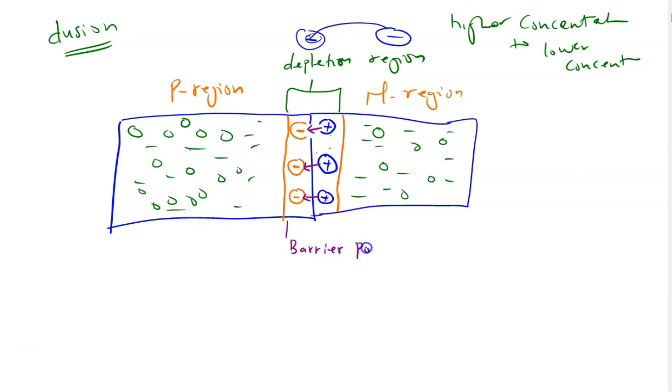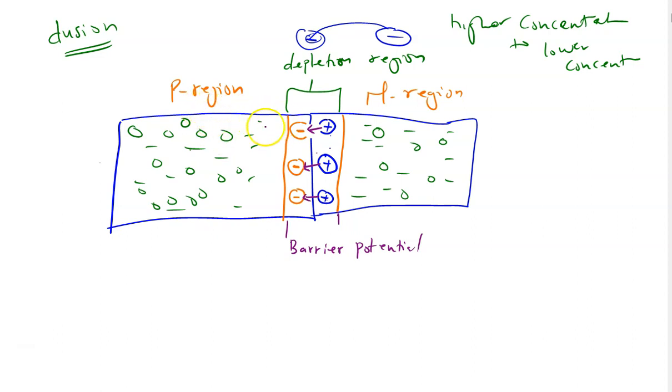Some books term it as potential barrier. Others say barrier potential. So with this barrier potential, an equilibrium has been obtained. The first image that I drew was the state where the electrons were being diffused into the p region.